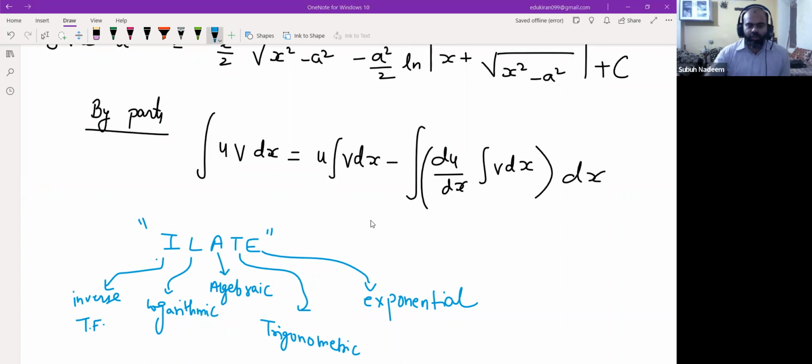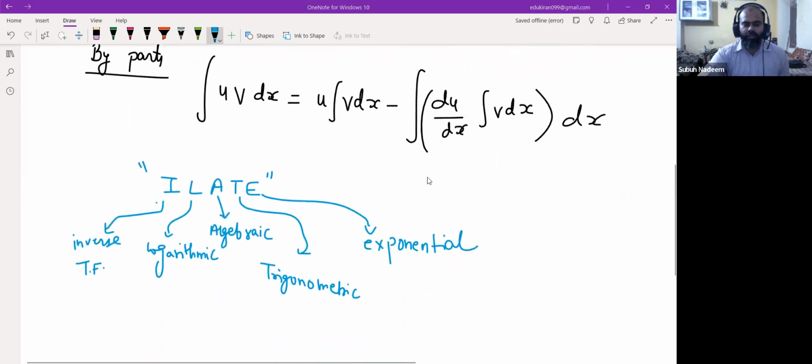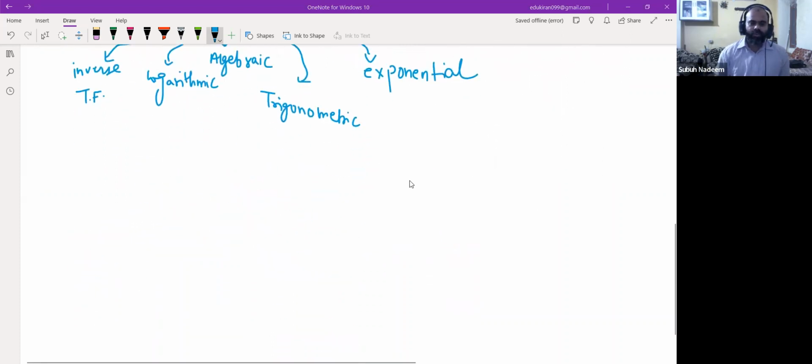So there is an example for this, like if we have, suppose, x sine x. So x is an algebraic function and sine x is the trigonometric function. Algebraic comes first, trigonometric comes second. So first you will apply ILATE.